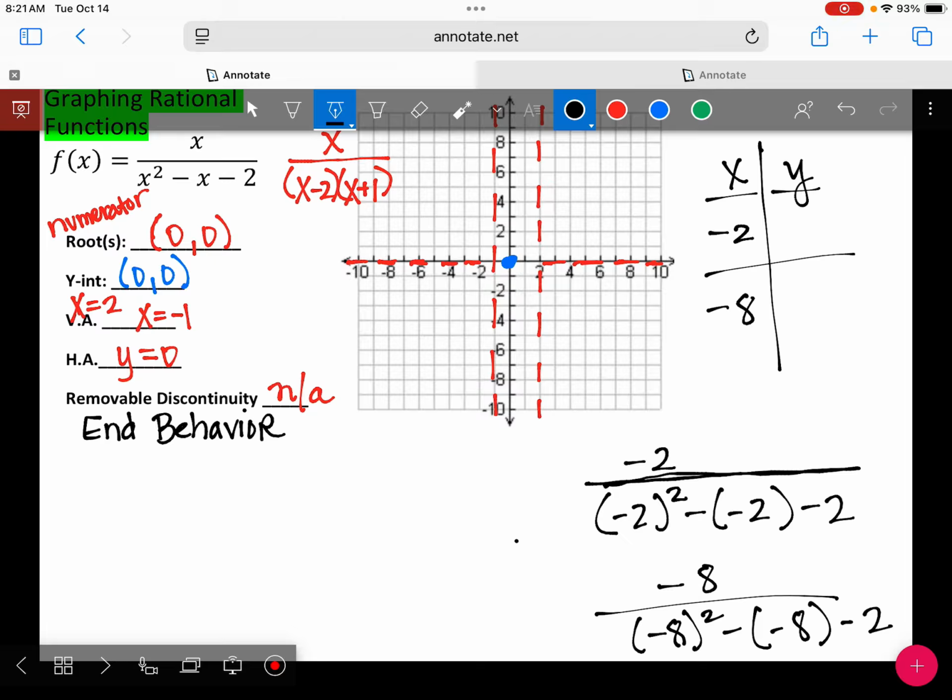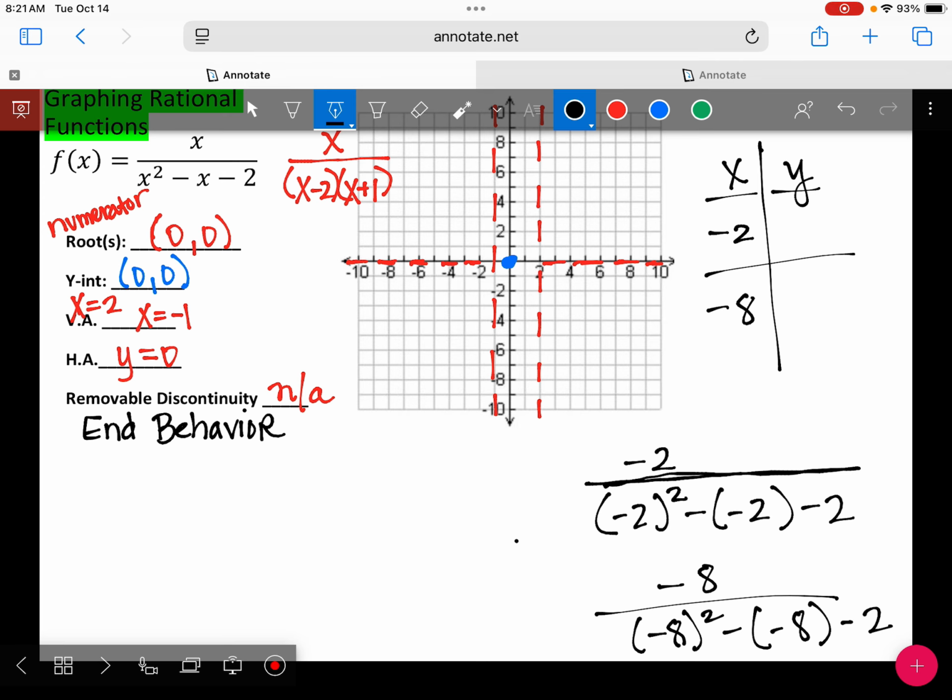Let me see. I don't know if I did this one in advance or not. Let's see here. That's different than what I had.